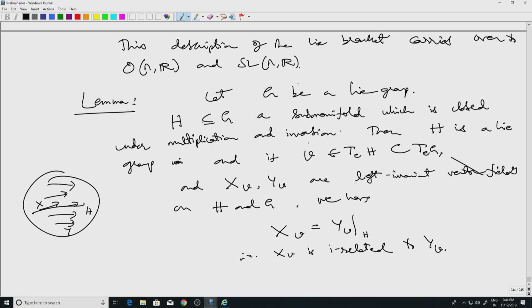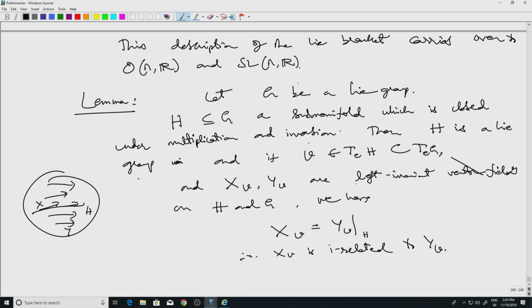So towards the end of the lecture I made this more general statement: let G be a Lie group, H a submanifold which is closed under multiplication and inversion, then H is a Lie group. It would be natural to call H a Lie subgroup of G since it's a submanifold and a subgroup.